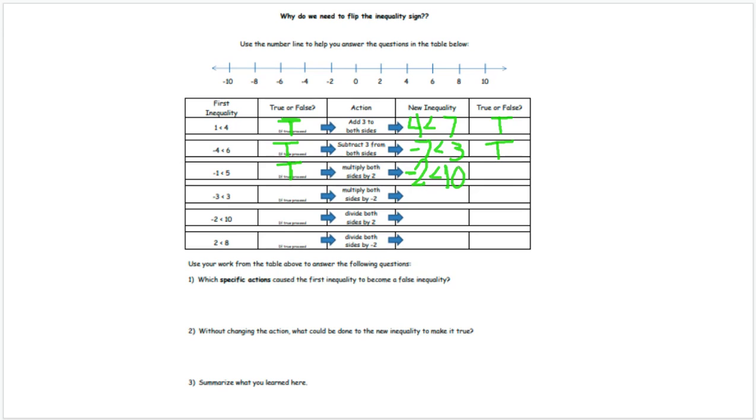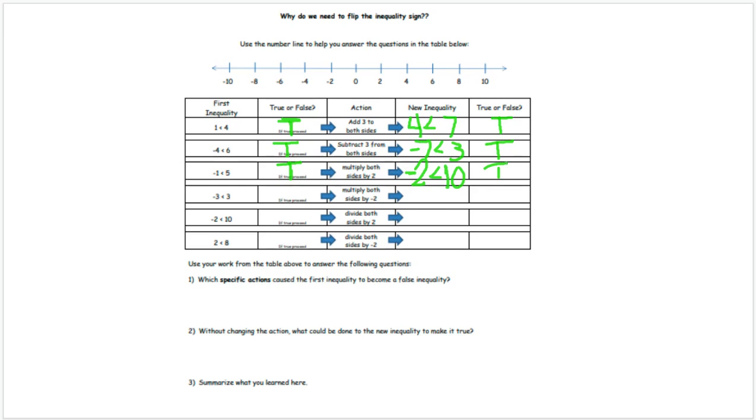So -2 is still less than 10. So that's true. So right here, I'm noticing that if I add to both sides, nothing changes. If I subtract from both sides, I don't notice any changes. And if I multiply both sides, right now I'm not seeing any changes. So let's keep going.